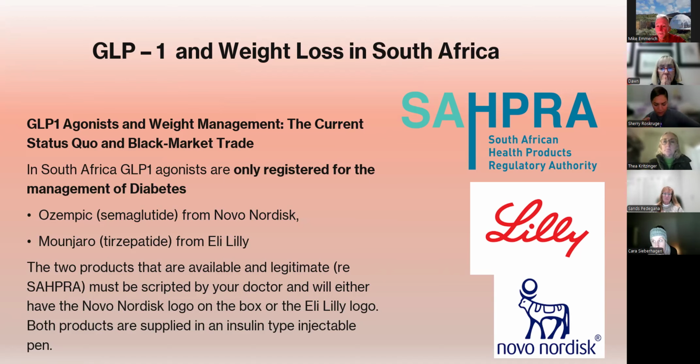But it's important to understand that because GLP-1 has become so popular, Eli Lilly and Novo Nordisk have got stock shortages, so the black market trade is pushing in. One needs to be very careful. One doesn't know what it's been mixed with, what it's been cut with, what else is in it.